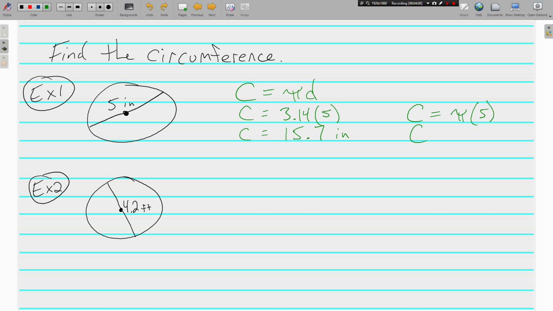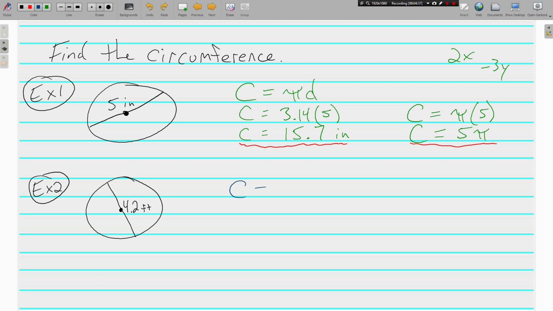But we will rewrite it so that the 5 is in front of the pi, make it the coefficient, kind of like we do with 2x or negative 3y. We've got 5 pi. Two ways we have to be able to write our answer: rounded to the nearest tenth, and in terms of pi. Let's look at example number 2.